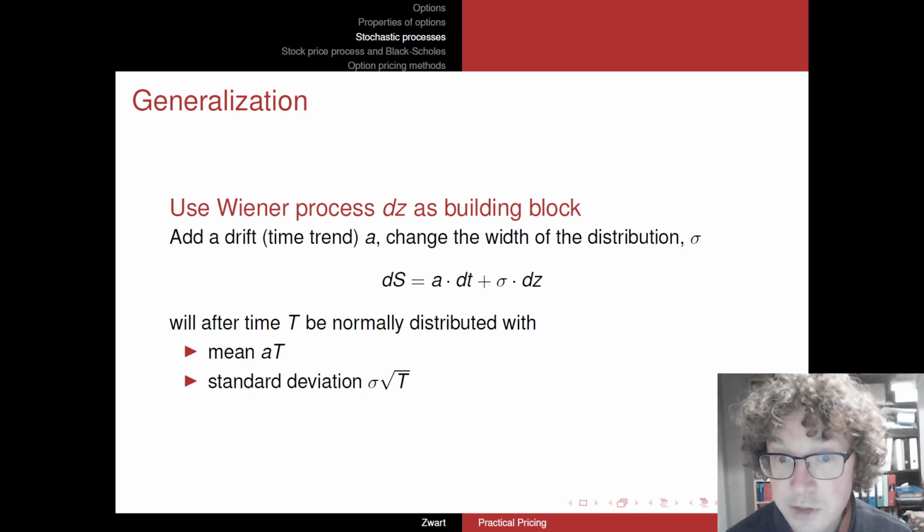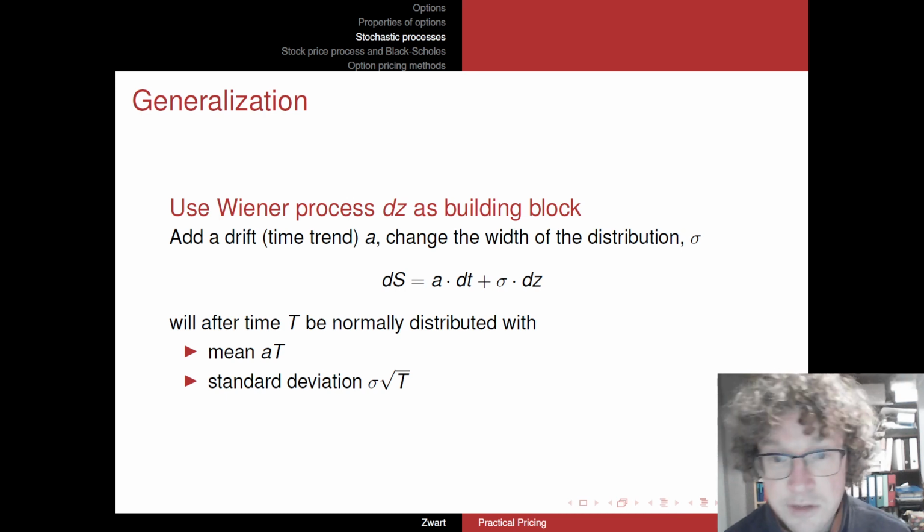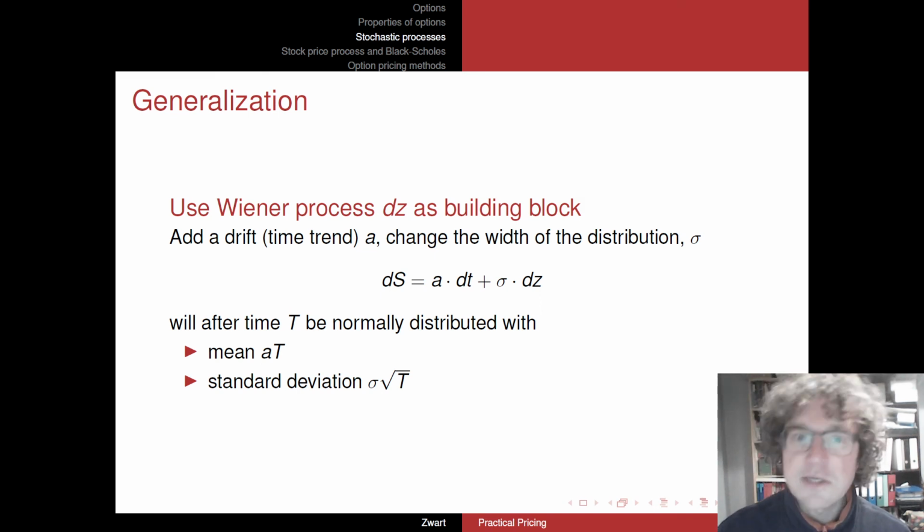But the uncertainty from the second component, this Wiener, this Brownian motion component, will have contributed some randomness in this process, and this randomness after time capital T will come with a standard deviation sigma, this volatility, times the square root of T, like we just covered. So that's Brownian motion with a drift, Wiener motion with a drift.